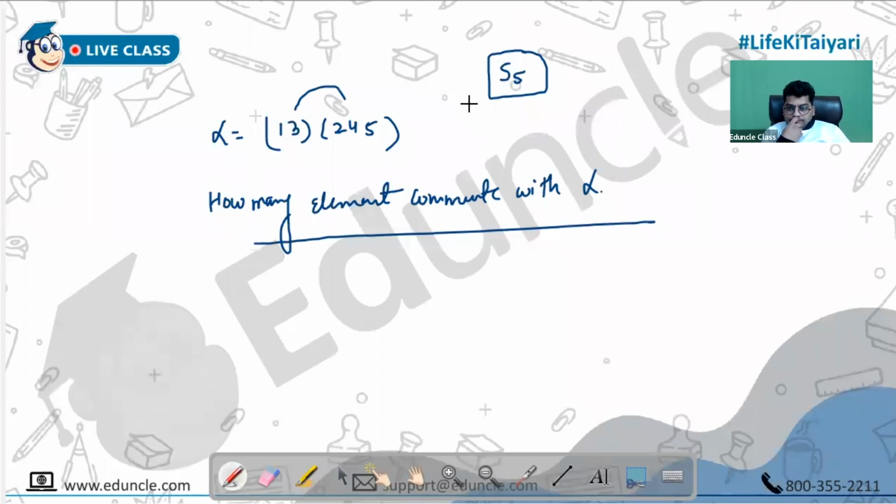See, tell me one thing. If you have S5, commutative means alpha into beta is equal to beta into alpha. How to find commute? Commute means centralizer.